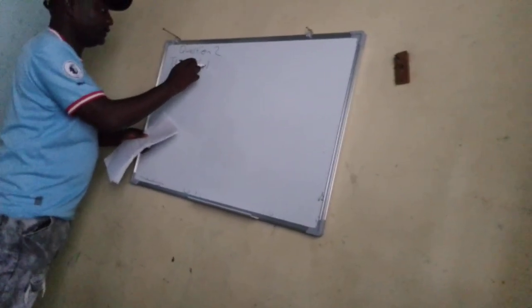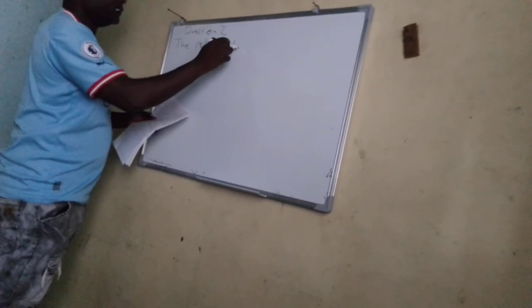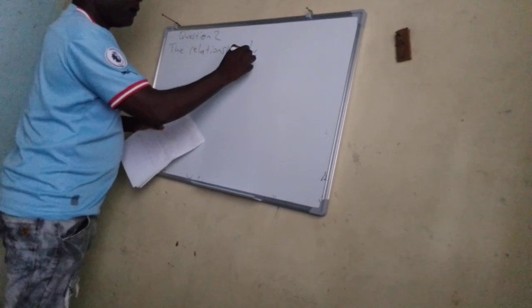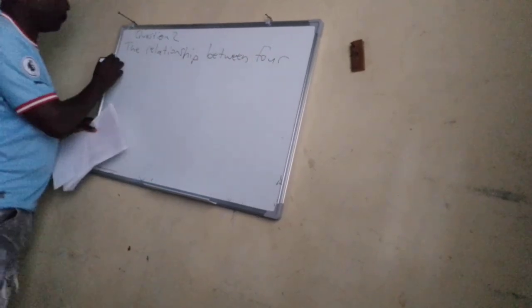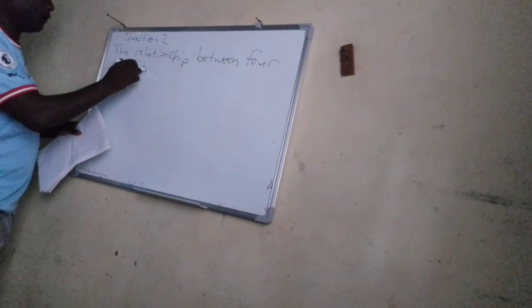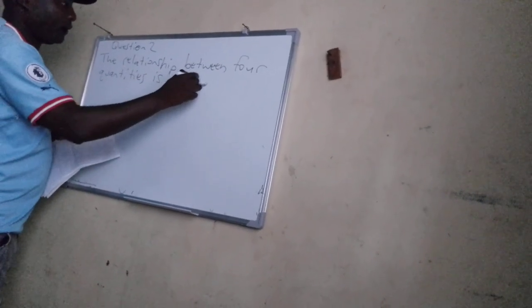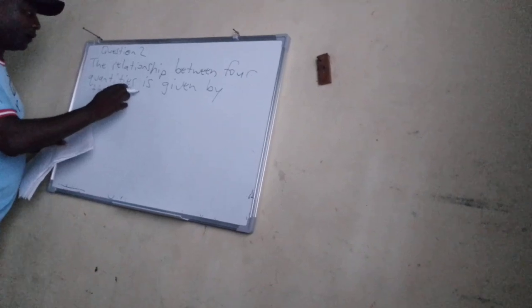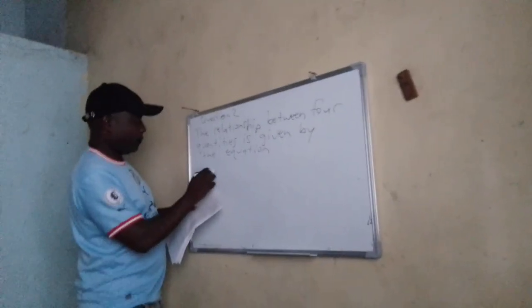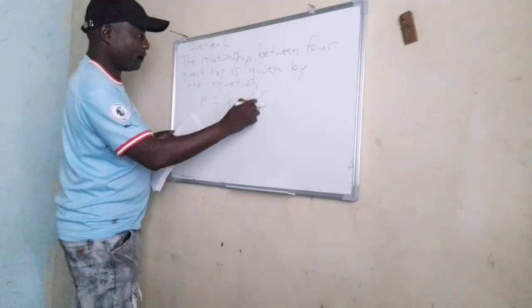Question 2. The relationship between four quantities is given by the equation P is equal to Q minus RS.